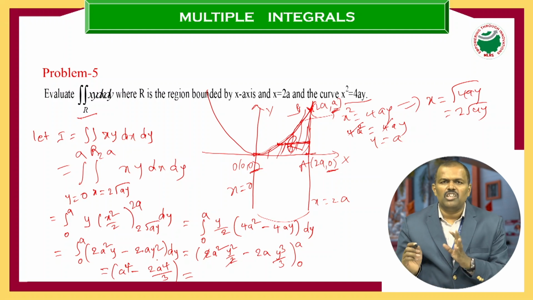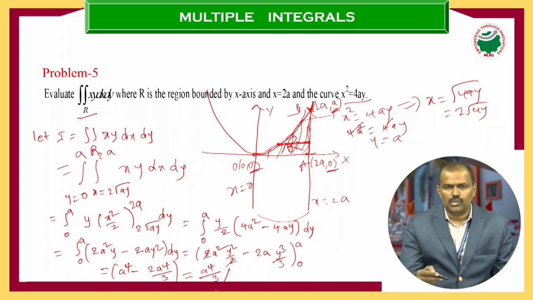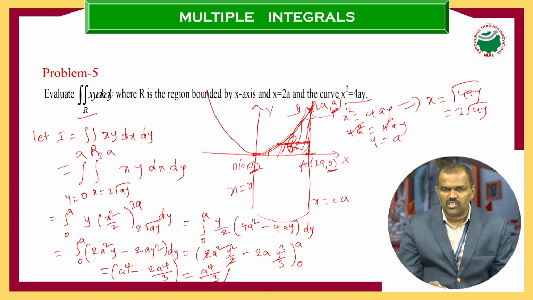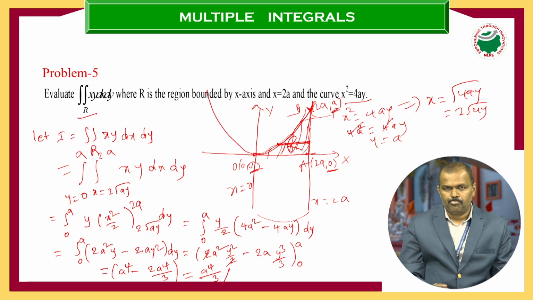From this we can easily get the limits. So here it is x in terms of y, with y constants, otherwise y in terms of x, with x constants. It's very clear that this is the lower limit, this is the upper limit, this is the path. So the x limits are taken from this parabola to the line.